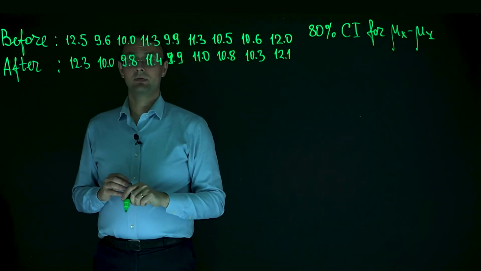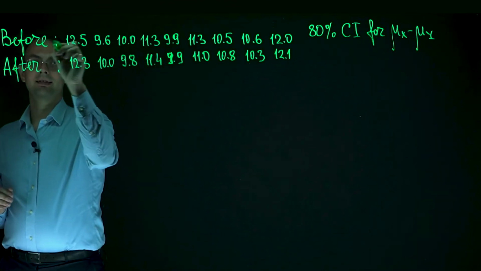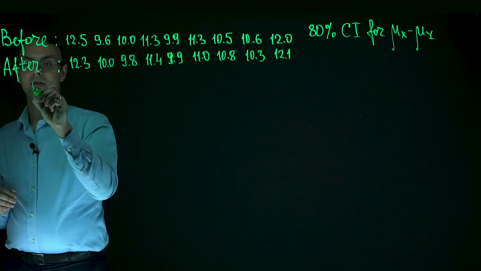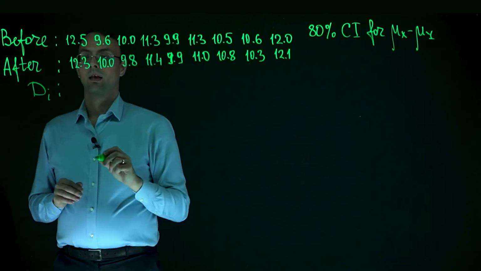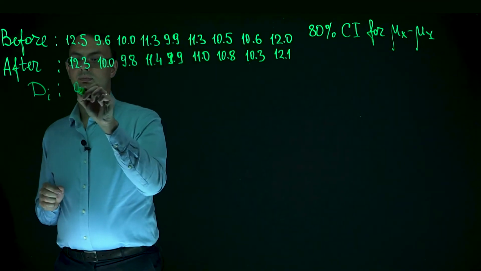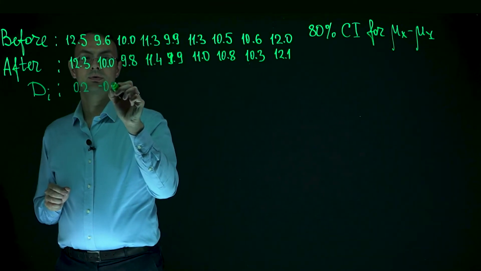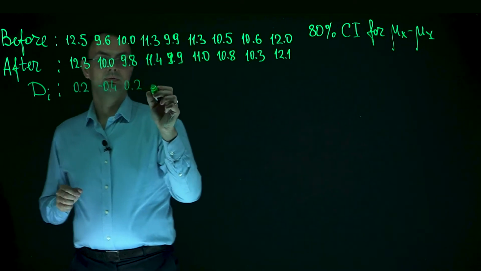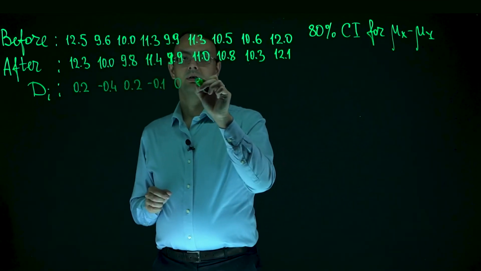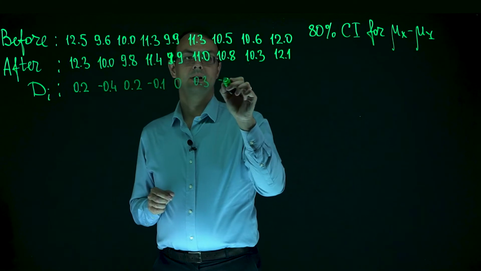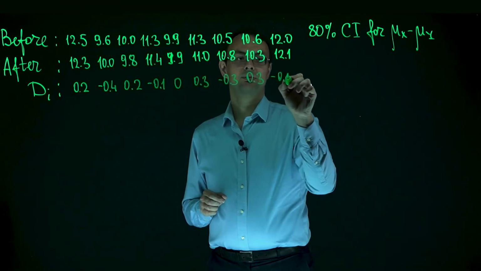The first step is to calculate differences. These are x's, these are y's, and we are to find differences. So I have 0.2, minus 0.4, 0.2, minus 0.1, 0, 0.3, minus 0.3, 0.3 and minus 0.1.